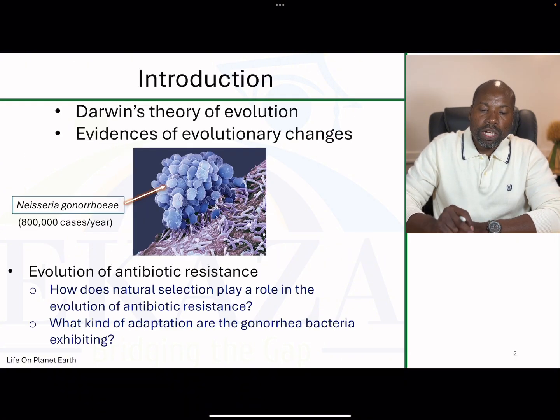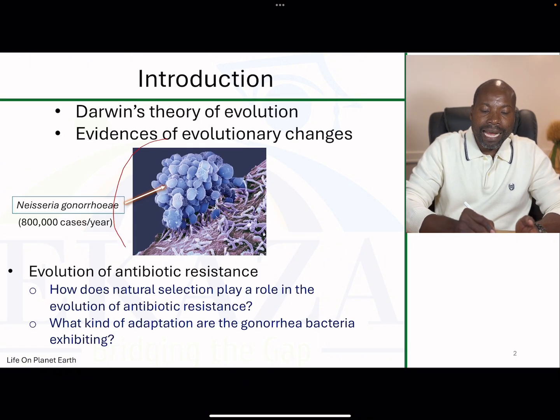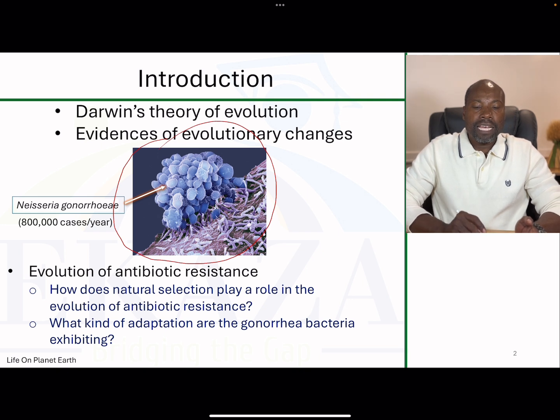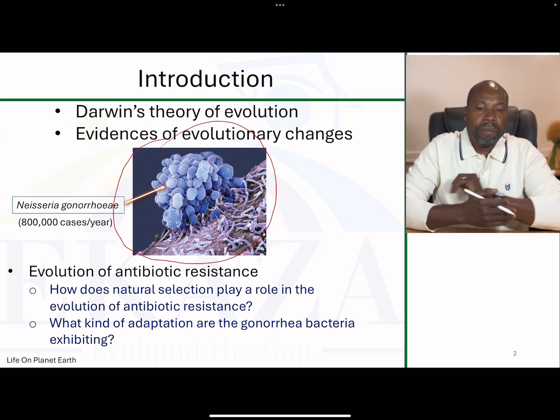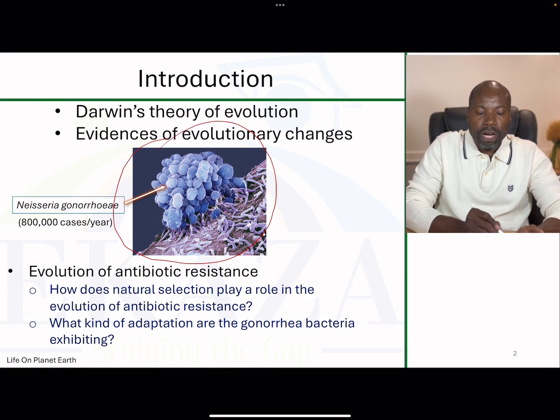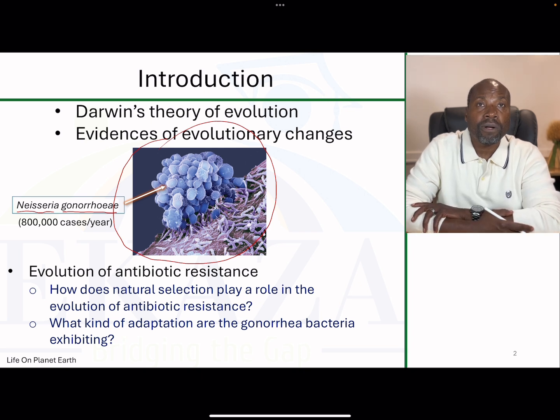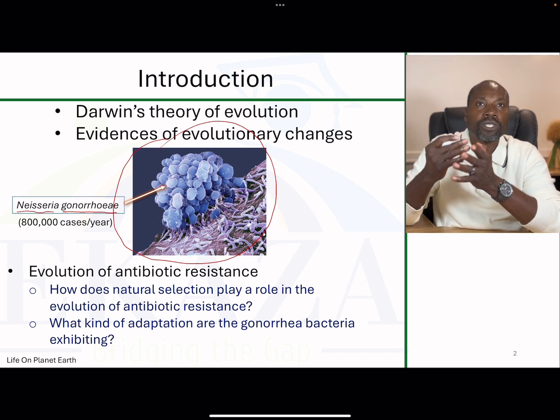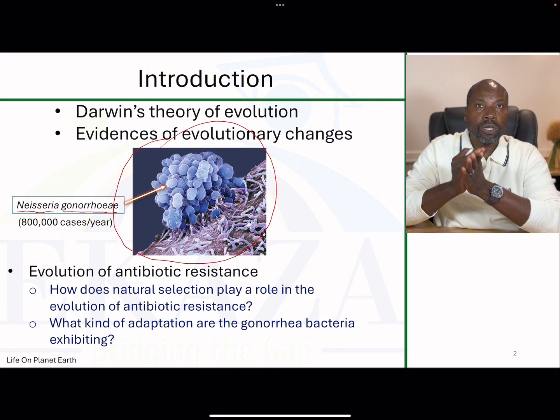So as a word of introduction, you see here on this slide some bacteria infecting human mucous membrane. These bacteria are particularly the instance of Neisseria gonorrhoeae. Neisseria gonorrhoeae actually is responsible for a sexually transmitted disease that can be treated with antibiotics. Now, there are about 800,000 people around the world each year who are diagnosed positive to Neisseria gonorrhoeae.